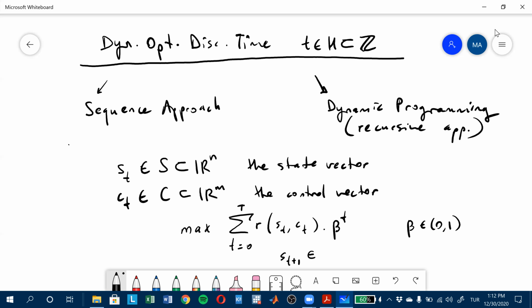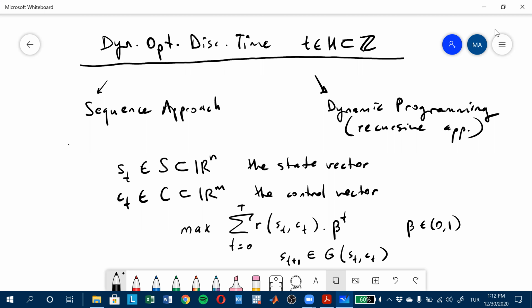Now, usually, in the most general case, we use a set to describe what is feasible given your choice of Ct and given your state St. This will be a set in general, but more specifically, we're going to write transition equations.